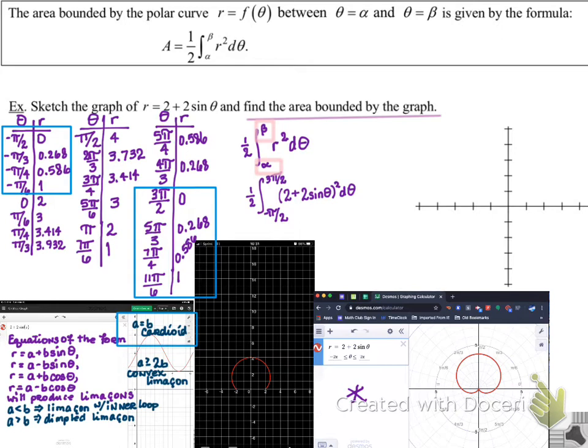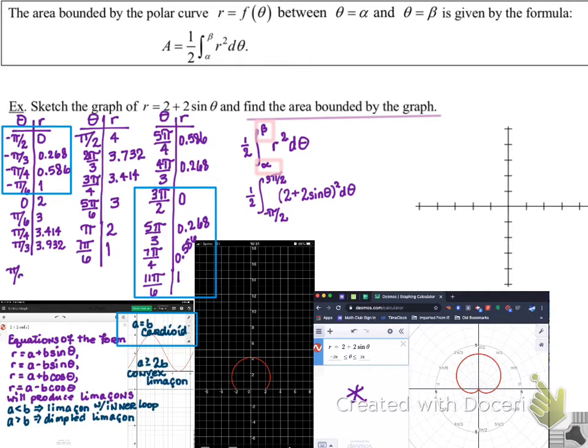Once you figure out the bounds, then the easy part is putting it into your calculator. In order to create this particular table, that's the word I'm looking for, I used increments of pi over 12.